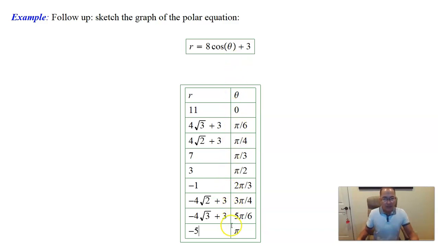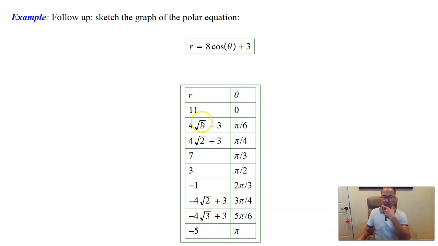But when we reach pi, we're at negative 5. Okay, so something funny is going on because earlier we started at 8 and we finished with negative 8, but because we're at pi, we are back where we started.